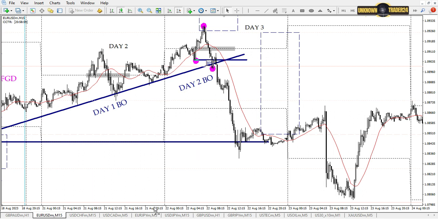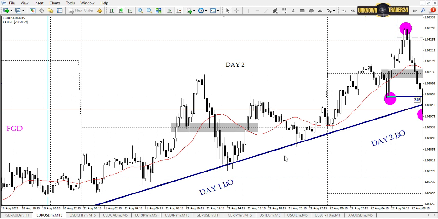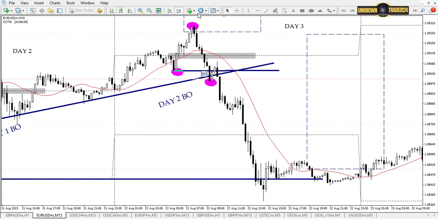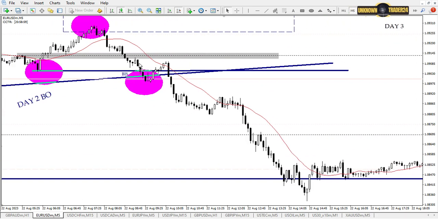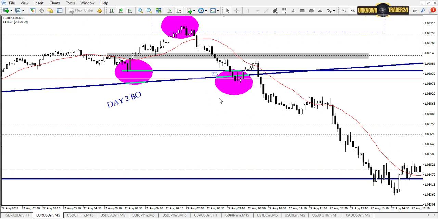So immediately when we see a change in structure, that's when we shift to a smaller time frame. And as you can see, on a 5-minute time frame, everything is now blown up.